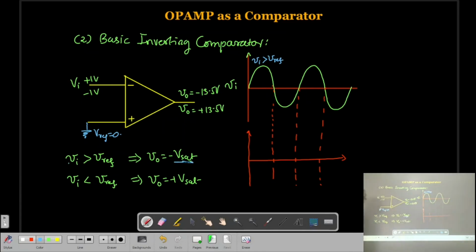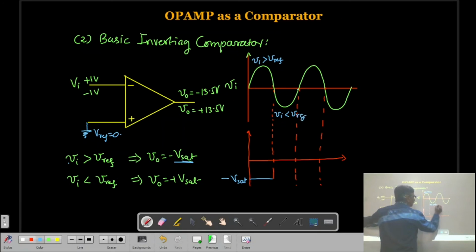Output should be minus V saturation. So for all these values of the input, the output is going to be minus V saturation. Correct? And now, for all these values of the input voltage, Vin, that is less than my reference voltage, the output will be at plus V saturation.